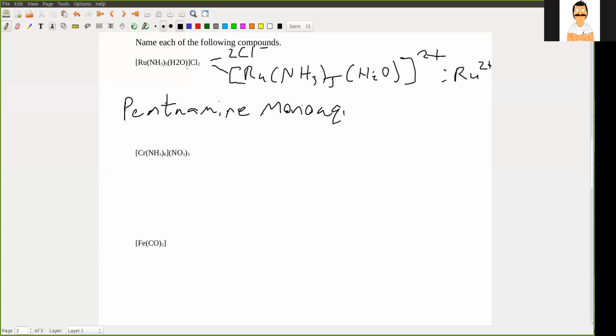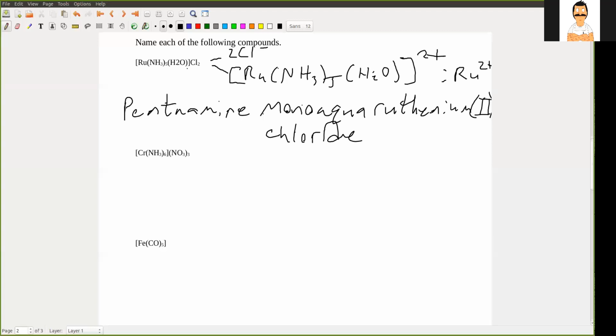Monoaqua, 1 water. Ruthenium, 2. And then chloride. So that would be the full name of this coordination compound: pentaamine monoaqua ruthenium 2 chloride.